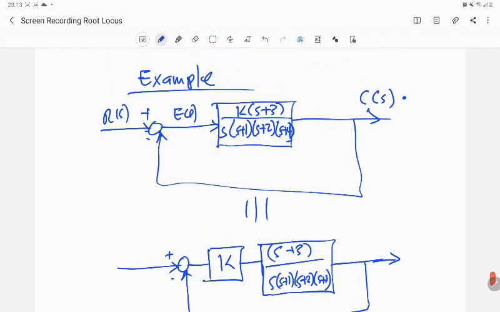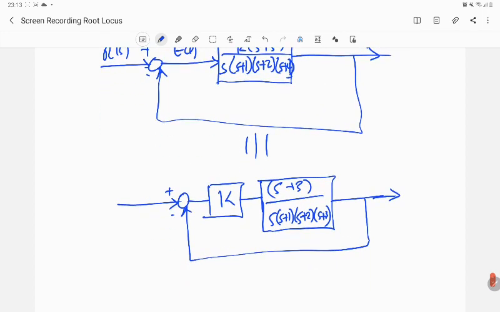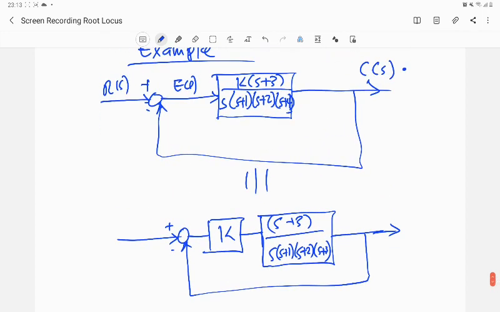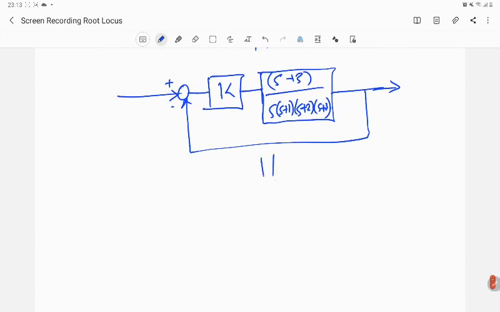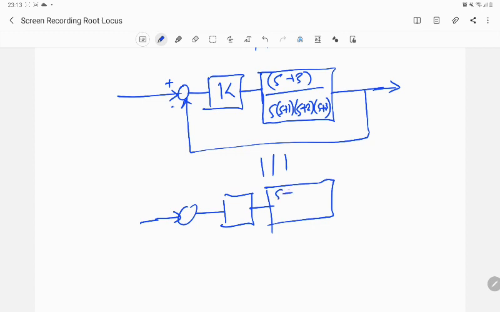Okay, so if it's like this, then it's going to be basically the same. Now even if the system was drawn like this, and we had K here, (s + 3) over s(s + 1)(s + 2)(s + 4).